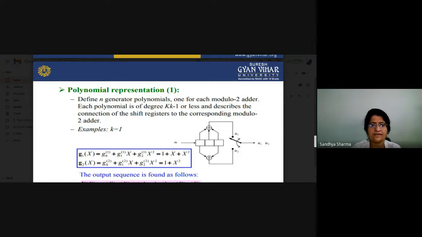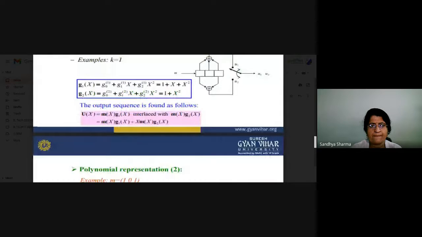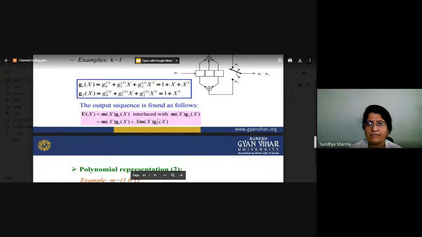We have g1(x), so what is the value of g1(x), and g2(x), what is the value of g2(x)? The output sequence is U(x), which is equal to m(x)g1(x) interlaced with m(x)g2(x). So you can completely calculate here.